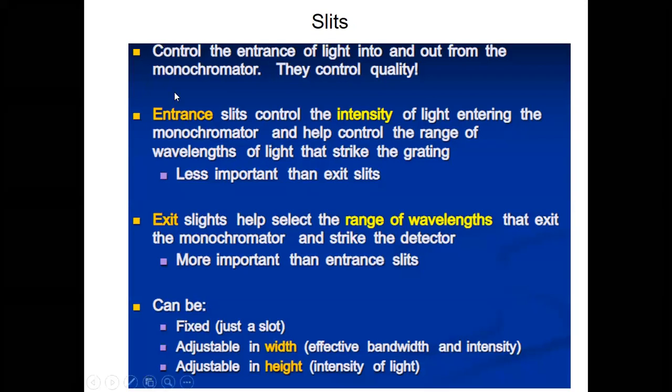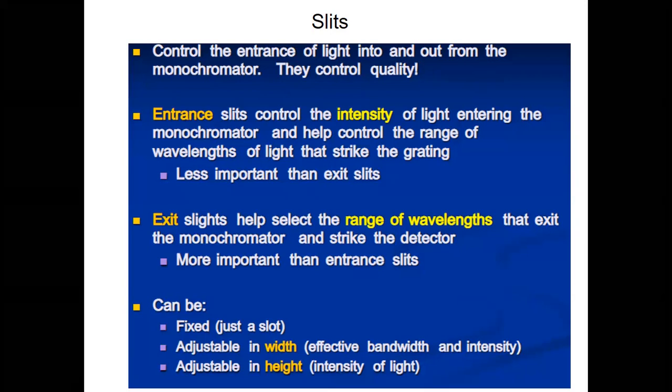In the wavelength selector, there's an entrance slit and an exit slit. These slits control the entrance of light into and out of the monochromator. The entrance slit controls the entrance of light, and the exit slit controls the exit of light.